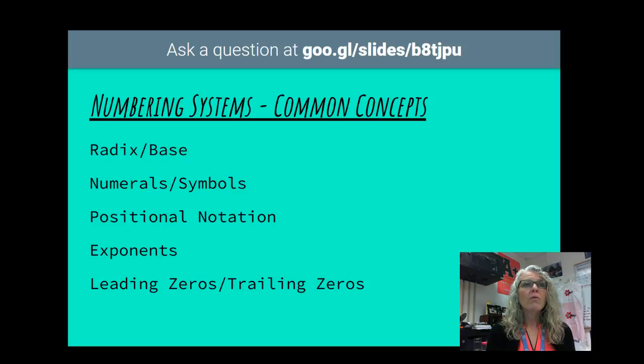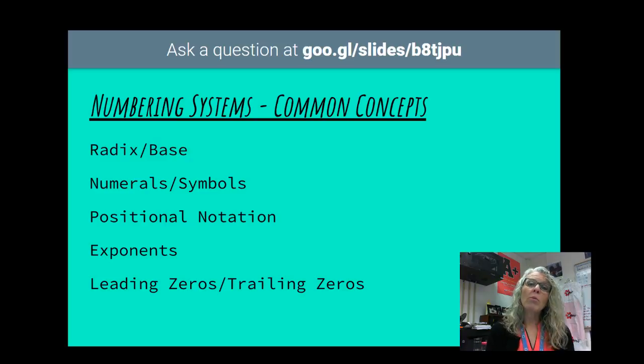They all have their own symbols or numerals that are used based on that radix or base. They all use the idea of positional notation, which says that the value of that numeral or symbol differs based on its position in the number. They all use exponents or multiples of that base or radix. And they all have the same principles that apply to leading zeros and trailing zeros.